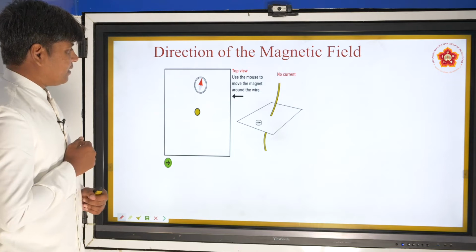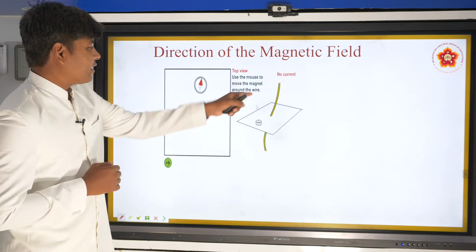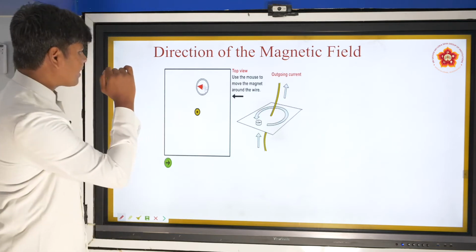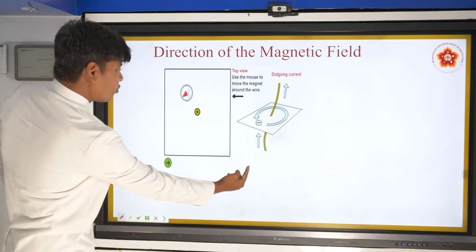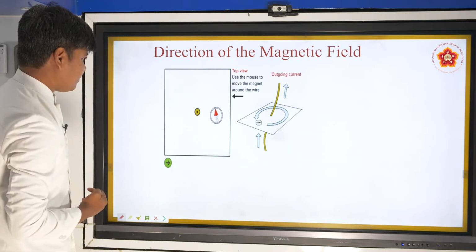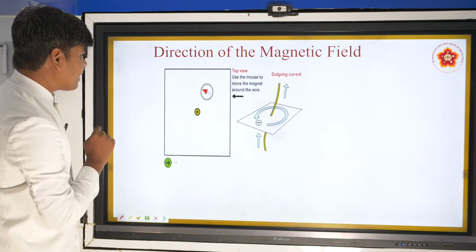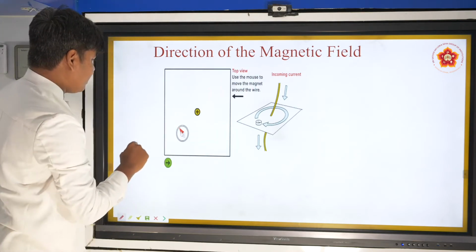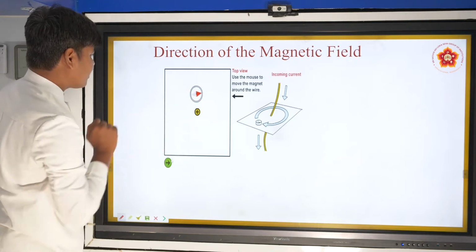Here the setup is, you have a flat plane, and this is the conductor, no current is passing. Now the current is passing, see the deflection of the magnetic field, how it is going? It is outgoing current, going up. So the north pole is deflected anti-clockwise. Now the current is changed, it is going inside. Now the north pole is deflected in the clockwise direction.